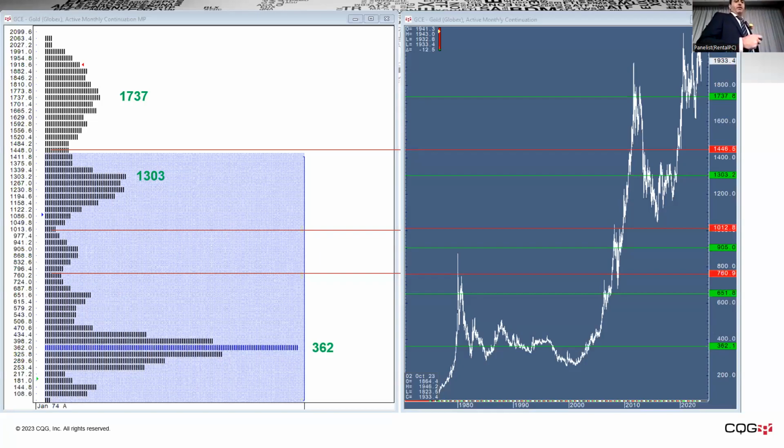You can look at it on a long-term basis, or on a shorter-term intraday basis. All it does is represent the aggregated time periods that have traded over the years. So what we've done is compress the data since 1974 for COMEX Gold.